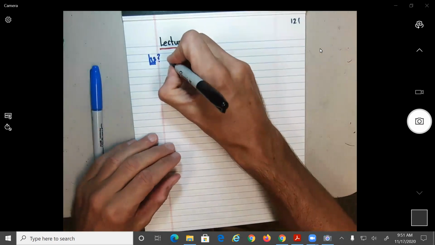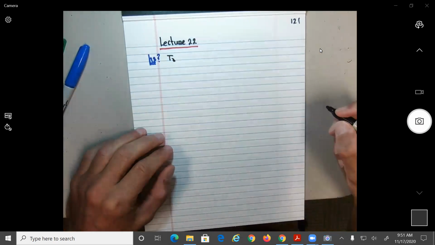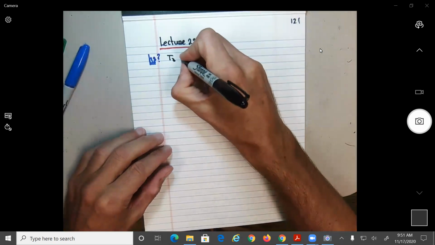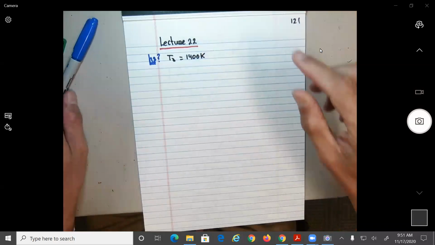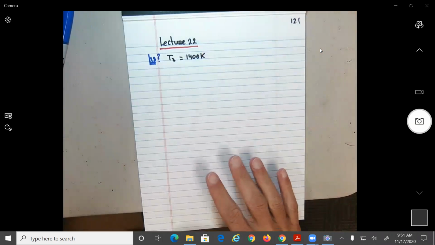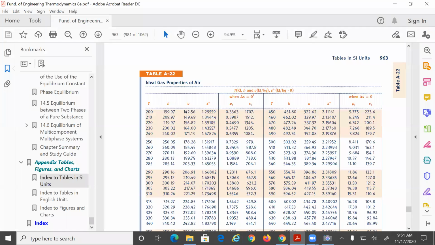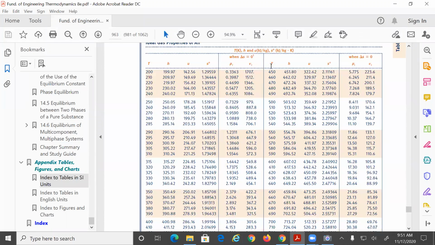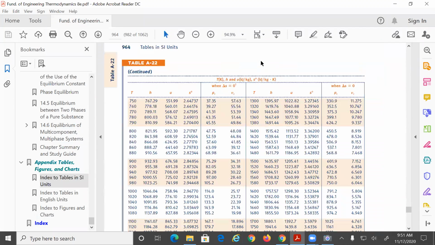T3 equal to 1400. Okay, and because it's air, I think we're dealing with the tables, Table A-22, which is the one that opens here. So A-22 at 1400. Let's see, what do we have?